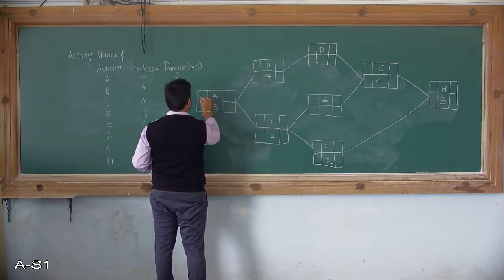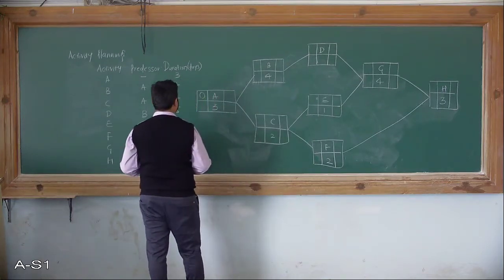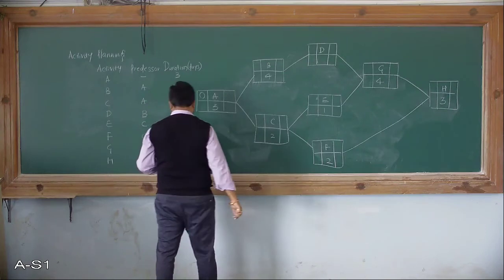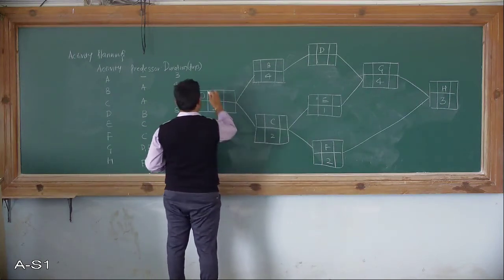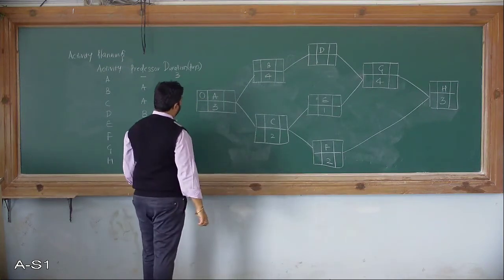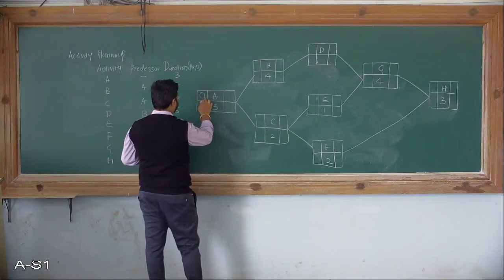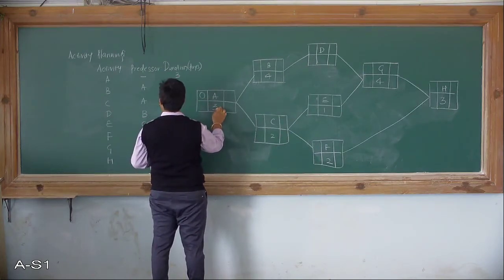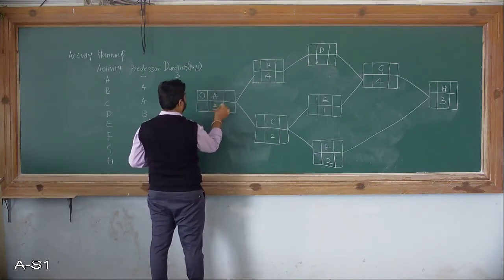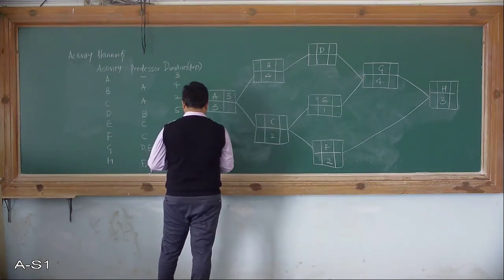So the early start time for activity A is 0. We have started from the 0th time. So 0 plus the duration for activity A, which is 3, 0 plus 3 will be 3.